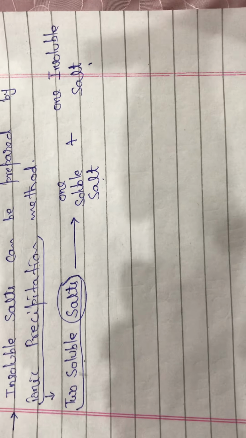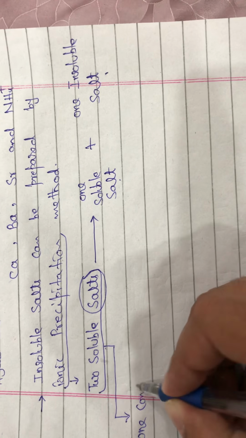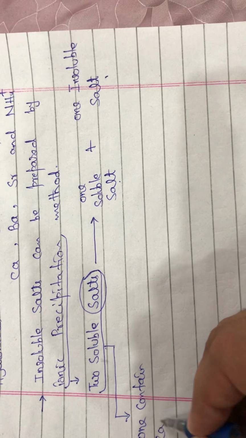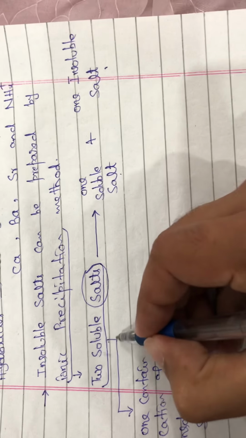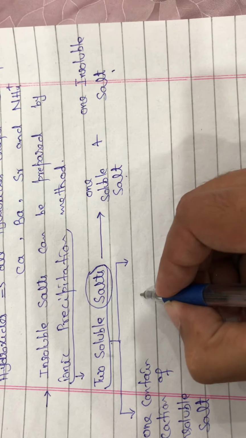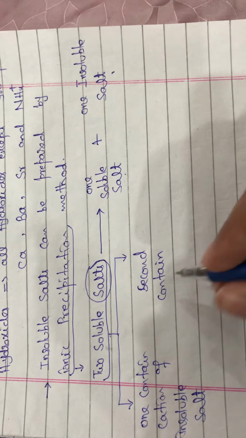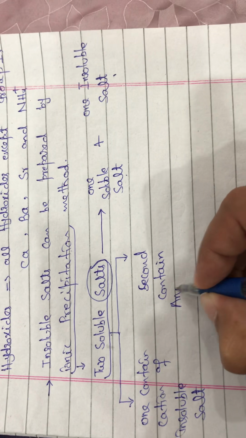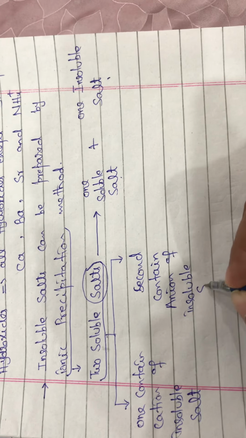Now we will see what the two soluble salts would be: one contains the cation of the insoluble salt and the second contains the anion of the insoluble salt.